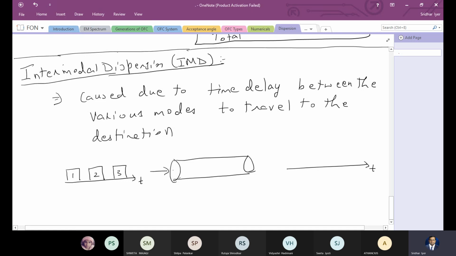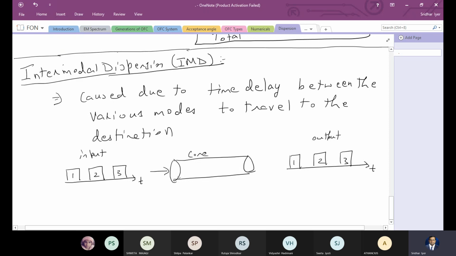Now once you insert them into the fiber, and I'm only representing the core, because of this intermodal dispersion, okay, what we expect at the output is that these bits should reach on time. That means 1, 2 and 3 must appear as they appeared at the input. Okay, so this is your output or the receiver, and this is your input.